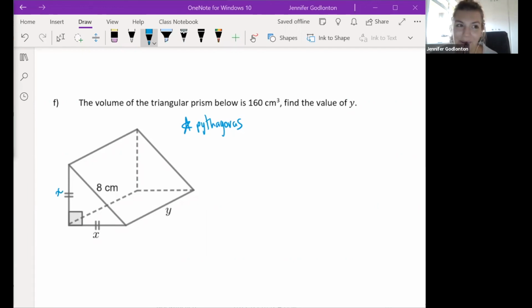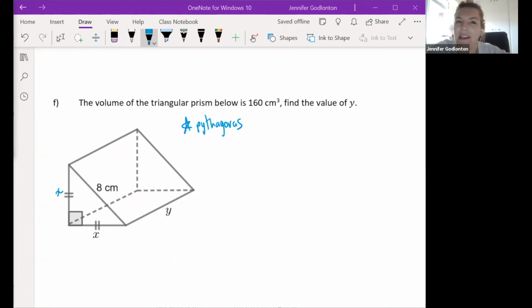Y is not equal to 20. Y is not equal to 12. I'm going to give you guys one more minute, and then I'll take you out of your misery. Remember that this is a problem-solving question.